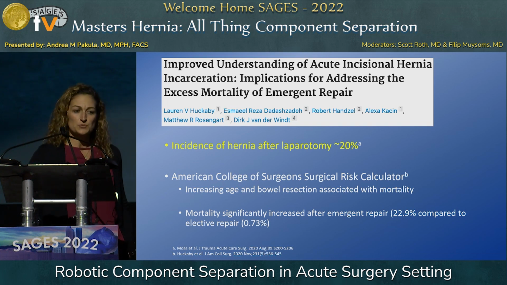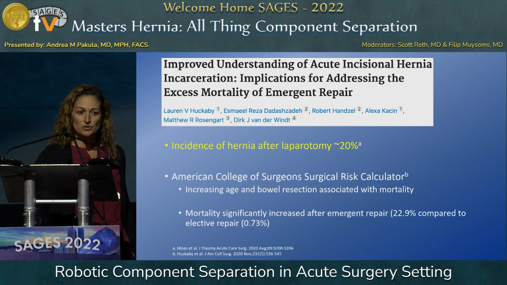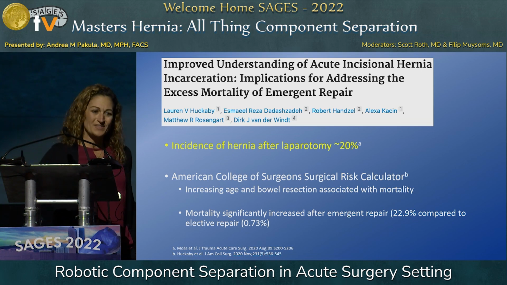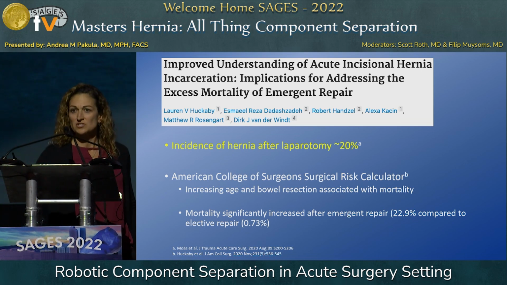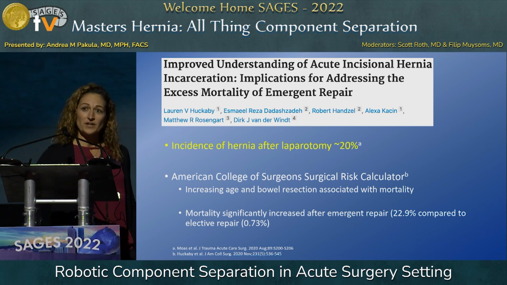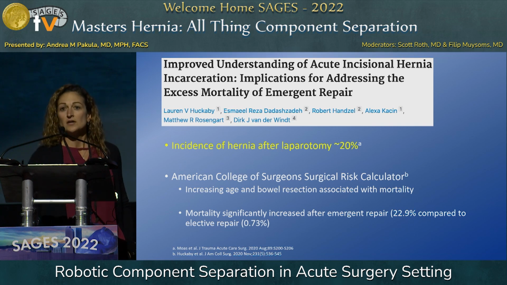So this study looked specifically at incarcerated hernias in the emergent setting, and what they showed using the ACS risk calculator was that increasing age and the need for bowel resection were associated with an increase in mortality. Looking specifically at mortality after emergent repair, it showed 23% versus less than 1% risk of mortality doing this in the emergent setting compared to the elective setting.